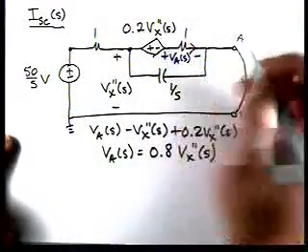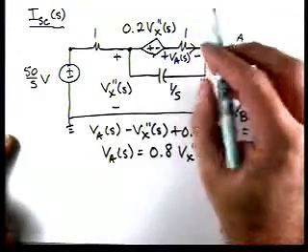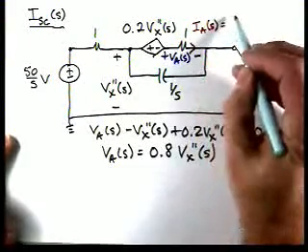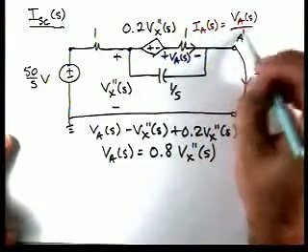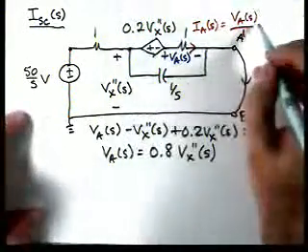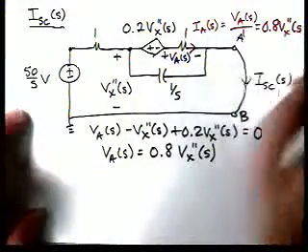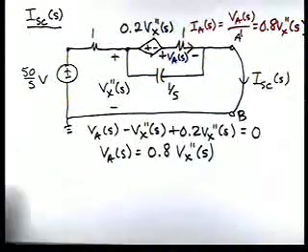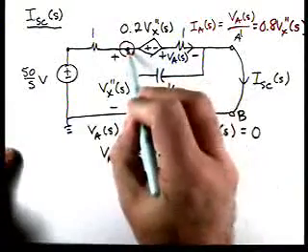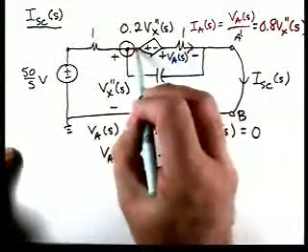If we look at this current, I'll call it IA, which is VA over 1, it's 0.8 times Vx double prime of S. So since I know this current, I'm going to apply KCL at this node. Okay, and that's because I know IA leaves this node.